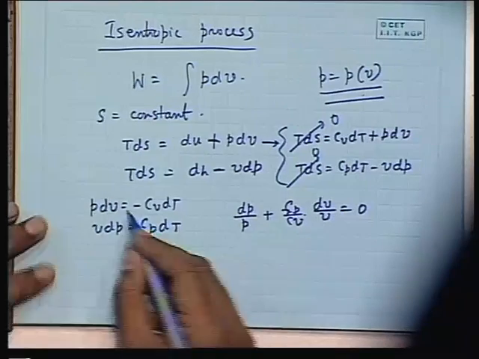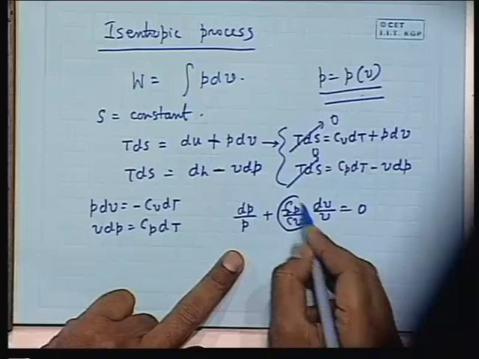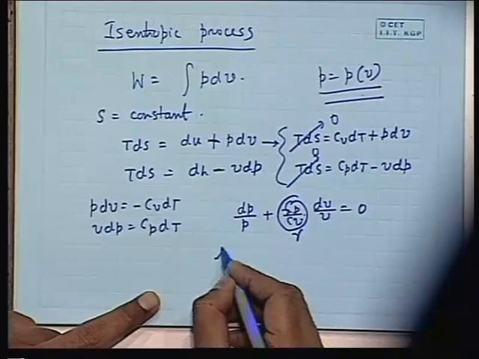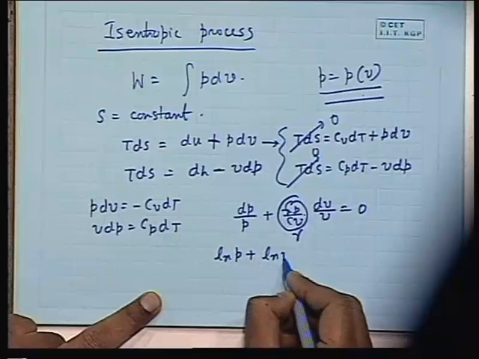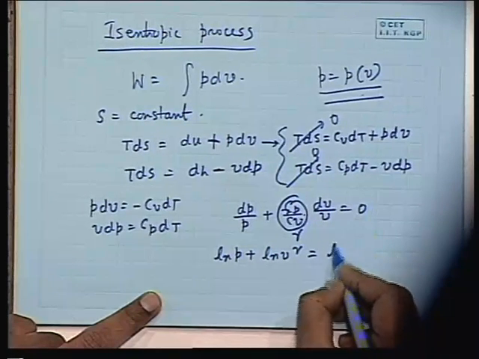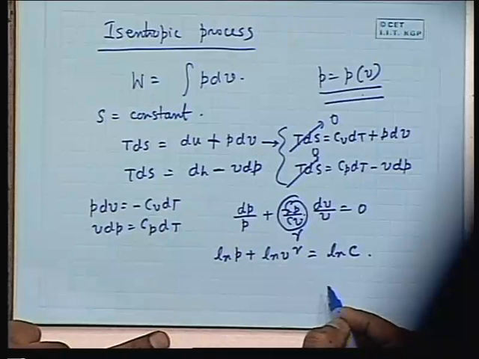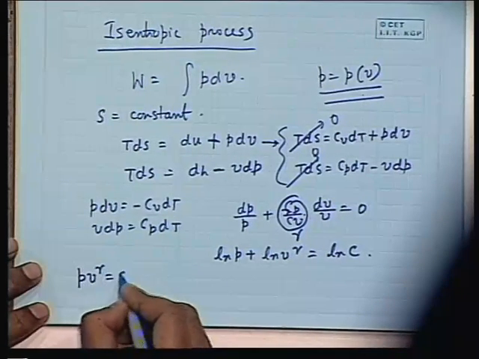I know the result, so you can also write it like this. If Cp by Cv is represented as gamma and we integrate, we get ln P plus gamma ln V, that is ln V to the power gamma, and the constant is also a logarithm of some constant, ln C, so that PV to the power gamma is constant.